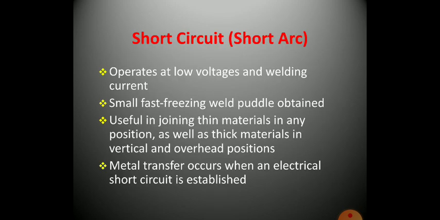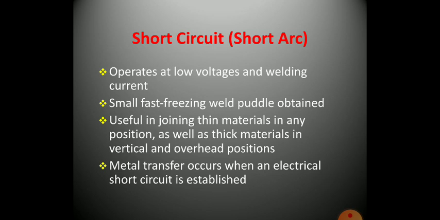Now a brief detail of the short circuit: the short arc length of the weld operates at a lower voltage and welding current. That is the significance of short circuit selection arc. A small, fast freezing weld puddle is obtained, and it is useful in joining thin material in any position, as well as thick material in vertical and overhead positions.